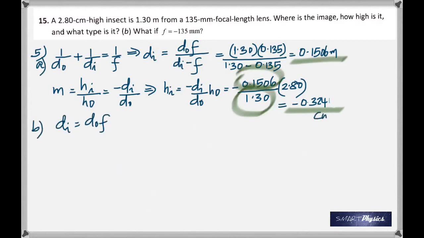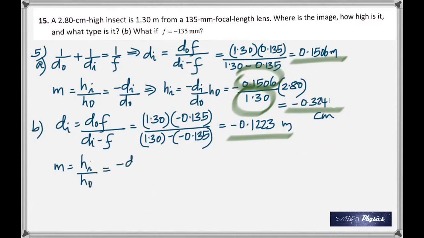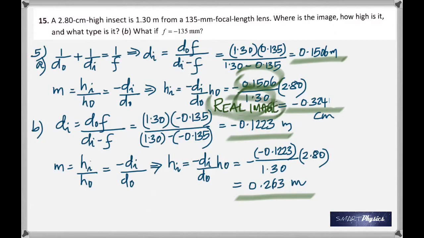And in the B part, it says, what if the focal length was negative 135? That's in millimeter, that's why it's 0.135. Remember that. Well, in that case, let's see what we get HI as. .263 meter. Okay, the first case it's a real image, and in the second case it's a virtual image.